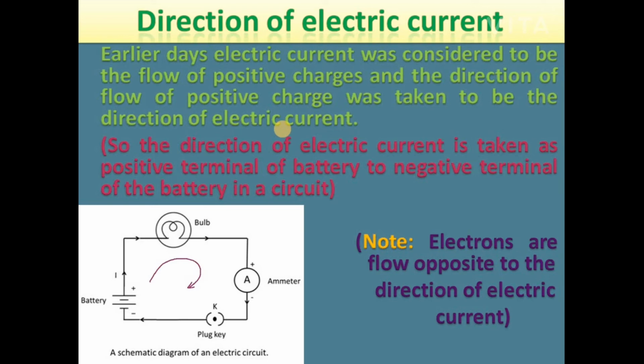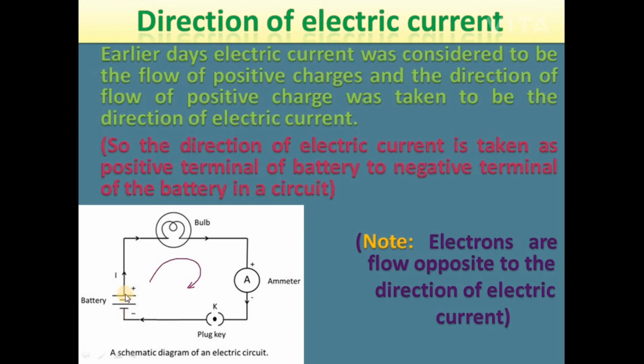So, the direction of electric current in a circuit is taken from the positive terminal of the battery to the negative terminal of the battery. Here, the big line is the positive terminal and the smaller line is the negative terminal.